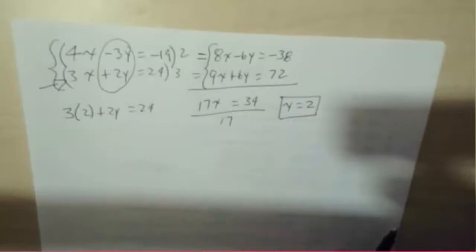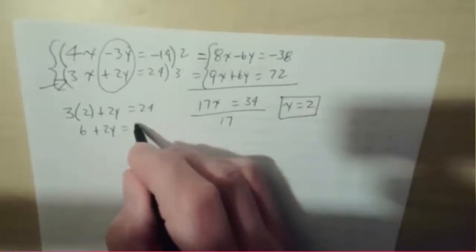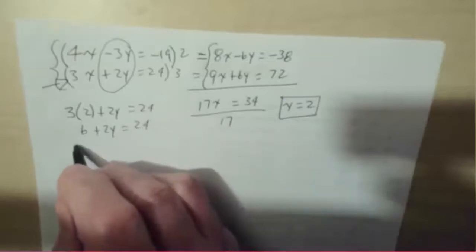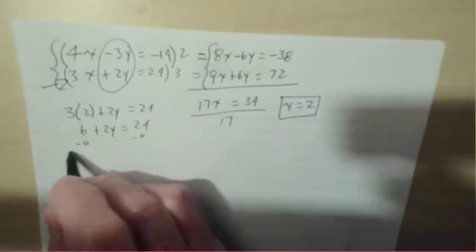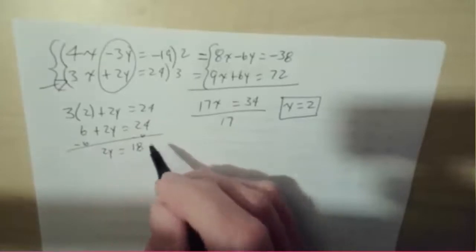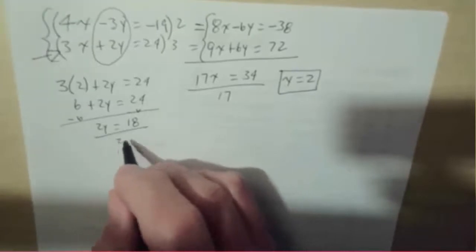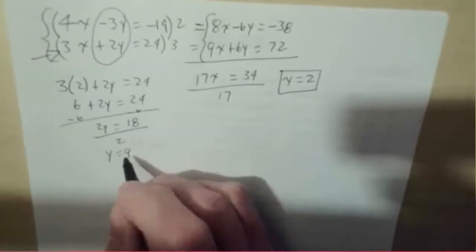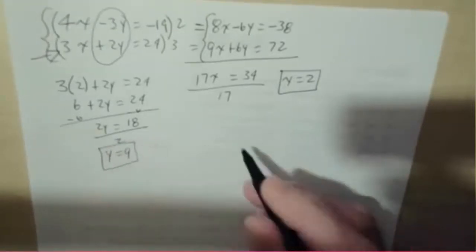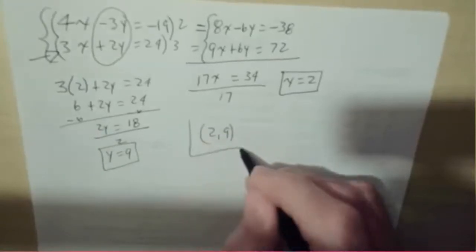They just look different. So we get 6 plus 2y equals 24. Subtract 6, subtract 6. 2y equals, what is that, 18? I think so. Divide by 2, so y is 9. 2 comma 9.